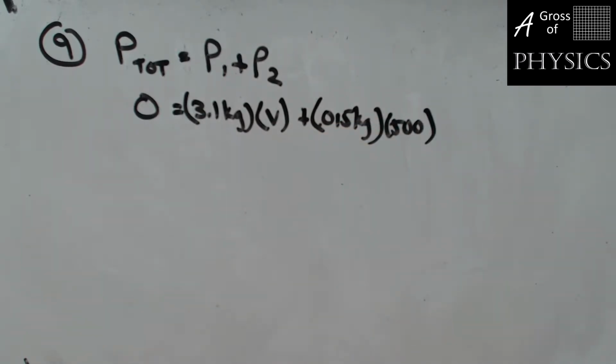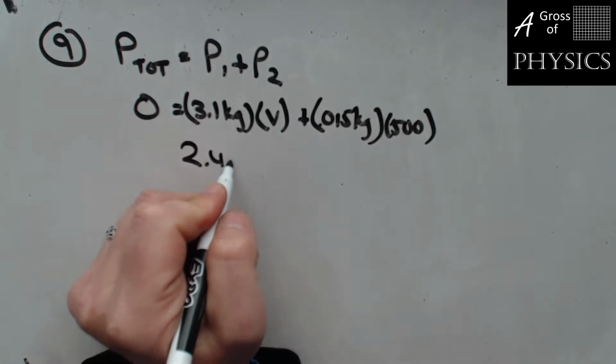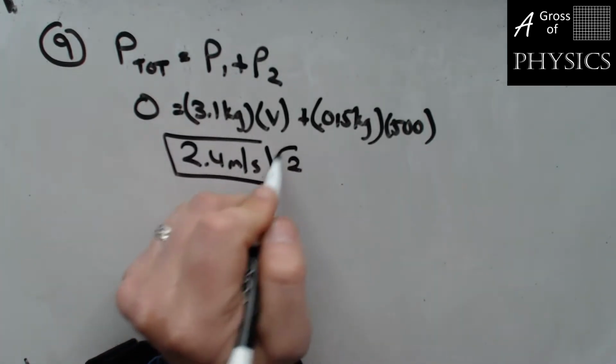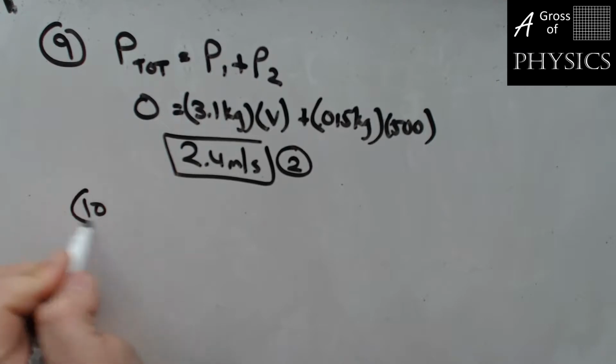So 0.015 times 500, 7.5, divided by 3.1 is 2.4 meters per second. Choice 2.